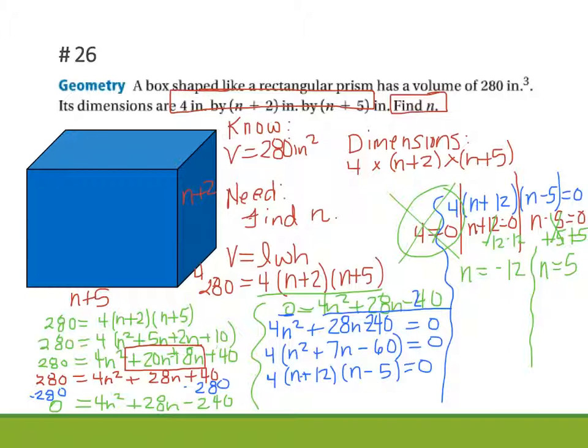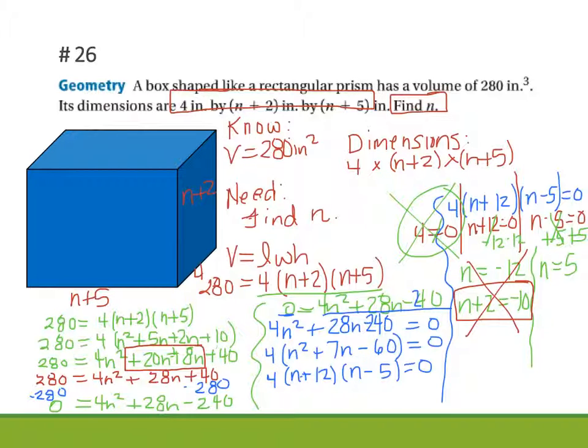Of course, I always have the 4, but n plus 2 would be equal to negative 10. Do you see that? Now, I can't have a negative dimension for a prism. So what that means is that negative 12 is not one of the solutions. So I have to evaluate the solutions, look at them very carefully, and say, hey, do both of them make sense for the problem?